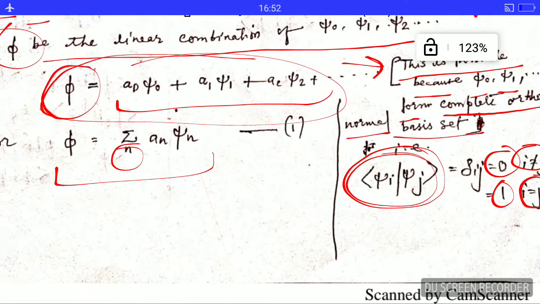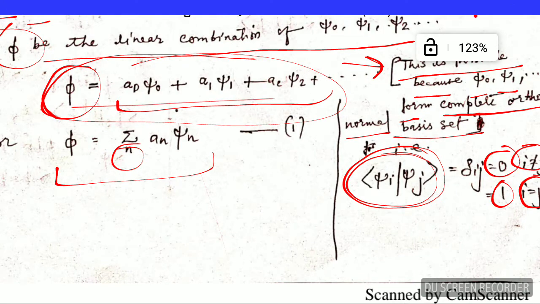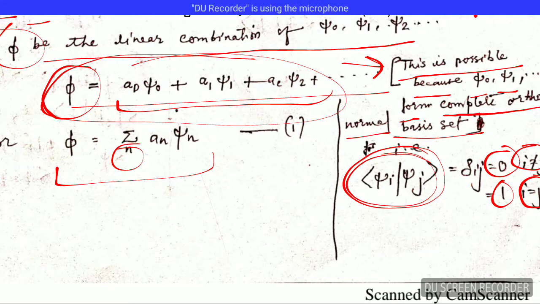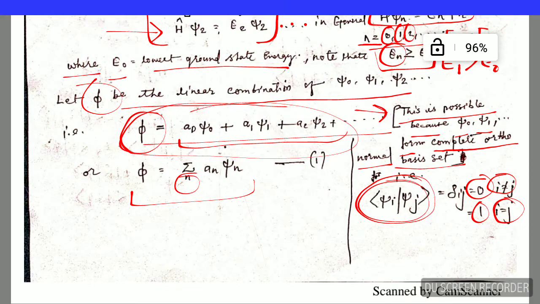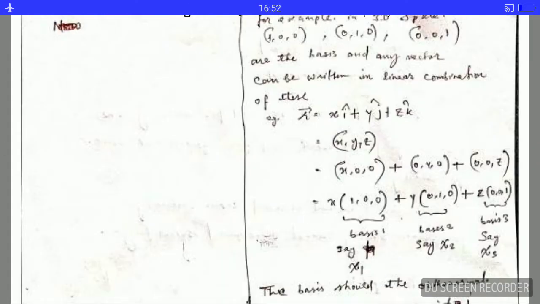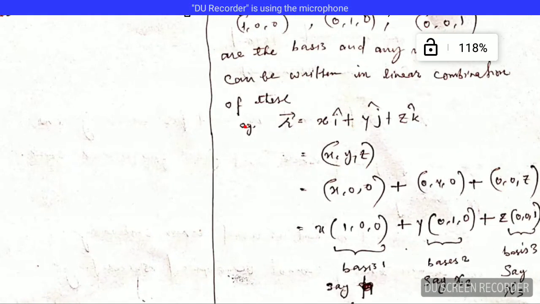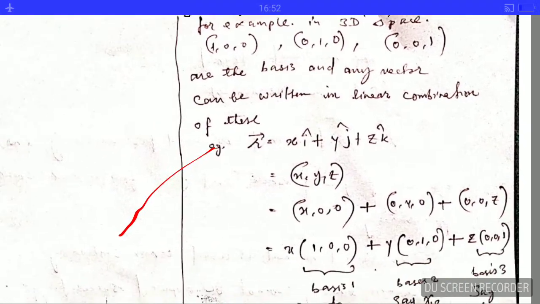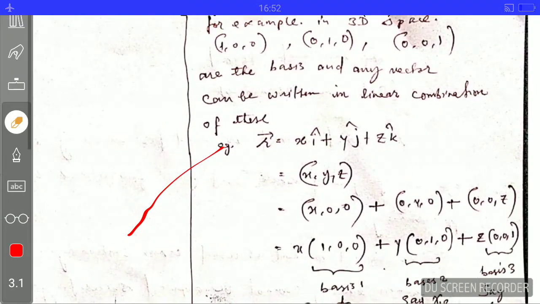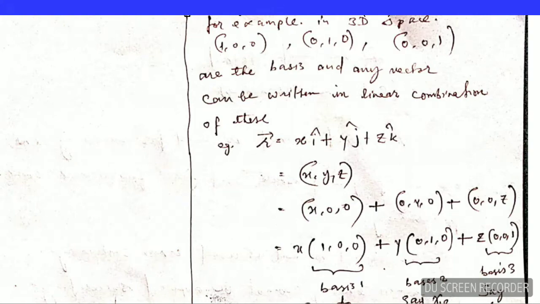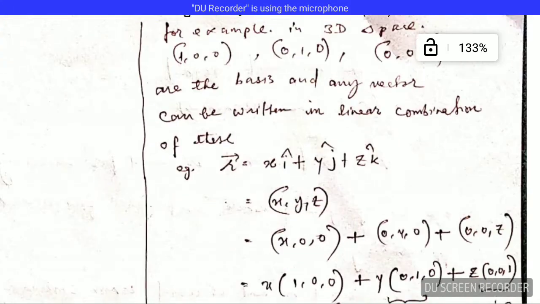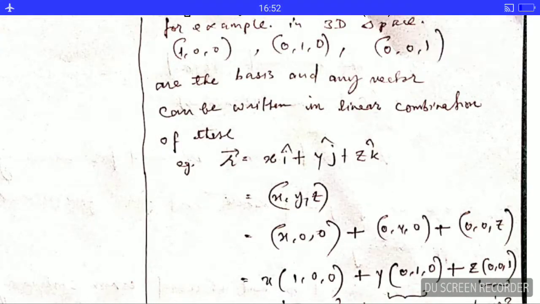In order to understand this expansion, I will take a very simple and familiar example that you have already studied in your lower classes. We will take an example in 3D space.